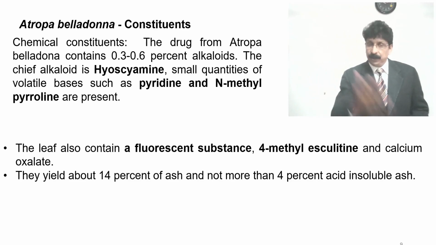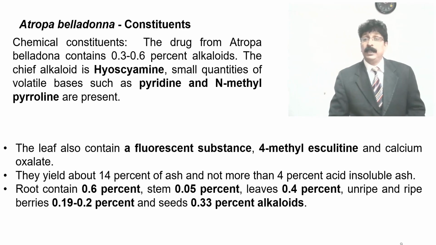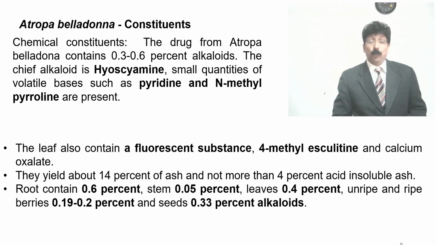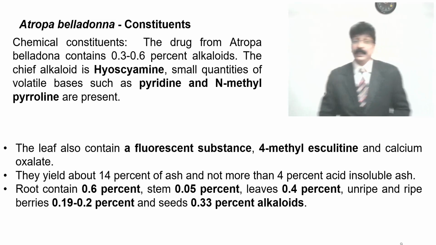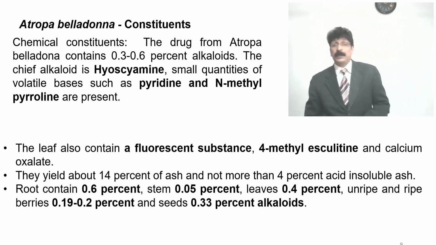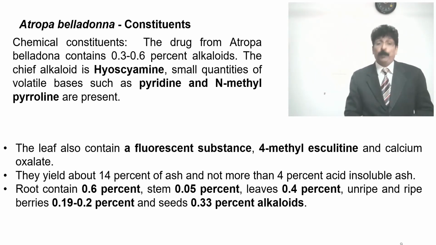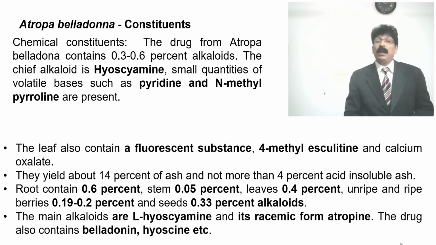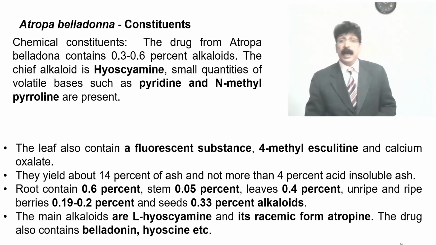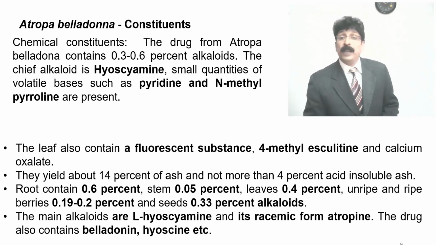Root contains 0.6%, stem 0.05%, leaf 0.4%, unripe and ripe berries 0.19 to 0.2%, and seeds 0.33% of alkaloids. The main alkaloids are levorotatory hyoscyamine and its racemic mixture, dextrorotatory atropine.